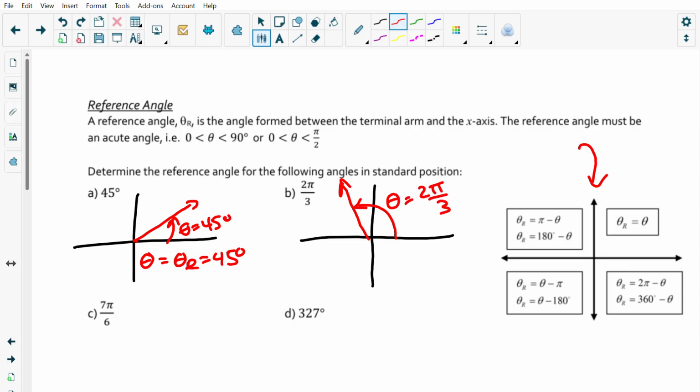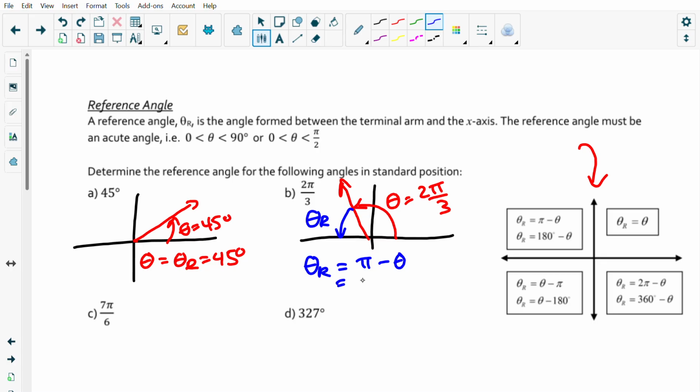2 pi over 3 is in quadrant 2, so I know my angle's in quadrant 2. The reference angle is right here. What is this reference angle, theta r? That's my reference angle. Theta r equals pi minus theta.